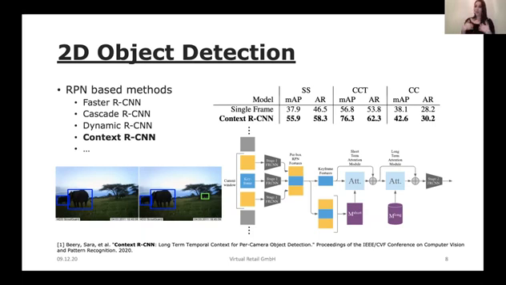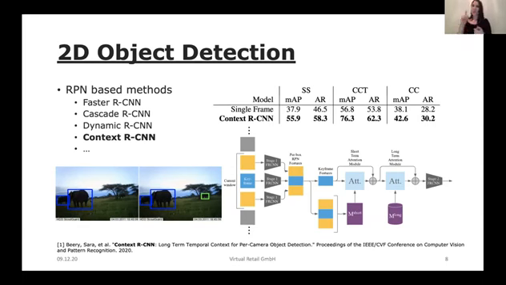The regional proposal-based methods are also called two-stage methods because they have a regional proposal stage that proposes the regions of interest, or the proposals, and then classifies and regresses on them in the second stage. This doesn't have a fixed inference time.